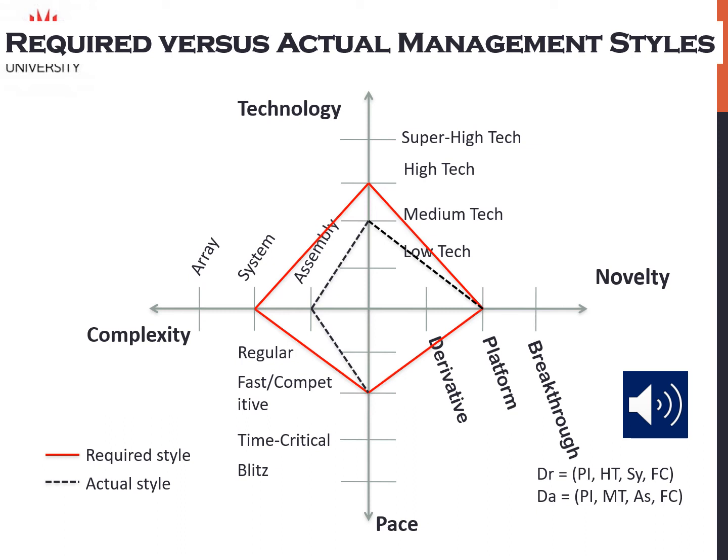This means that there is a gap in terms of technology uncertainty and complexity of the project. By showing this figure to your stakeholders and to the team members, we can convince them and we can ask, for example, for additional resources and additional time.